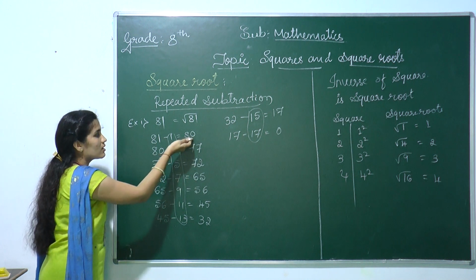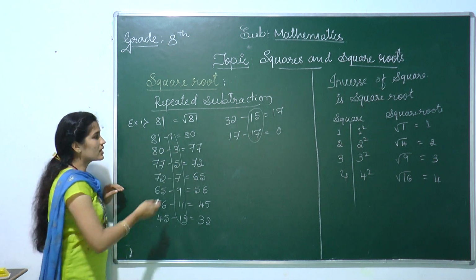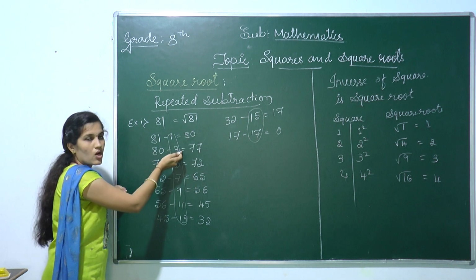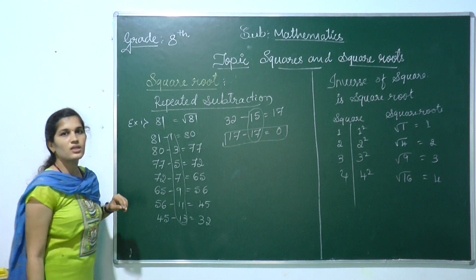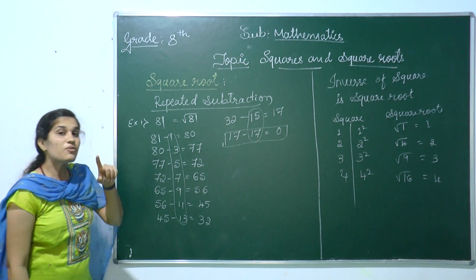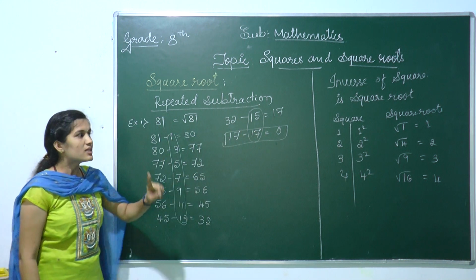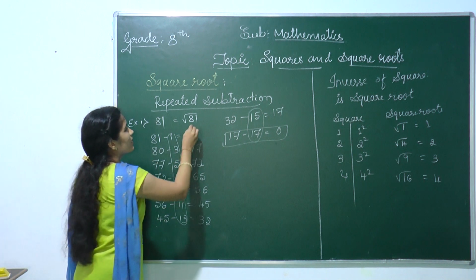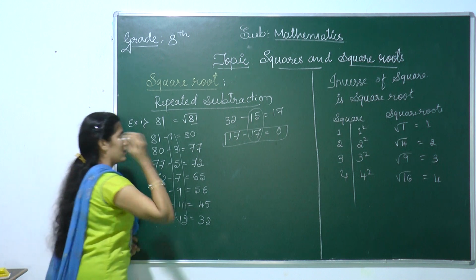Here we should take the answer and subtract it with the next odd number. At last, we got 17 minus 17 is equal to 0. If we get 0 at the end of the repeated subtraction, then we can say that the square root of 81 is 9.